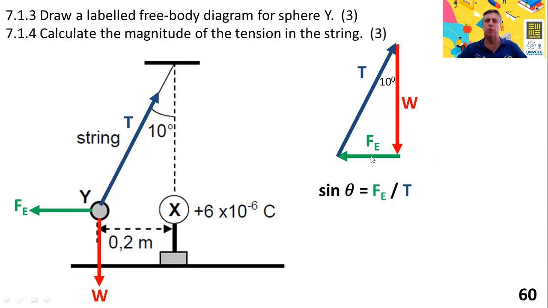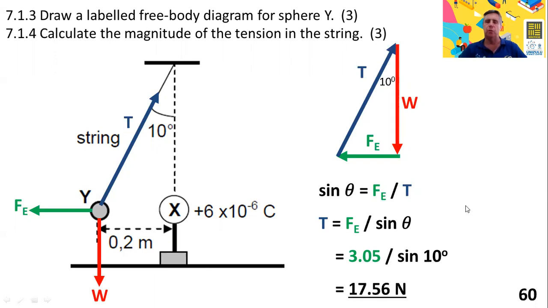We know that sine theta is the electrostatic force over the tension force. All 3 of these are forces. So therefore, T is equal to the electrostatic force over sine theta, 10 degrees. Now, the electrostatic force was given to us as 3.05 newtons divided by sine 10, and we get a tension force of 17.56 newtons.